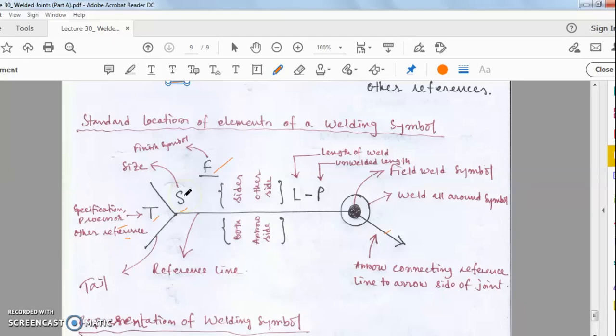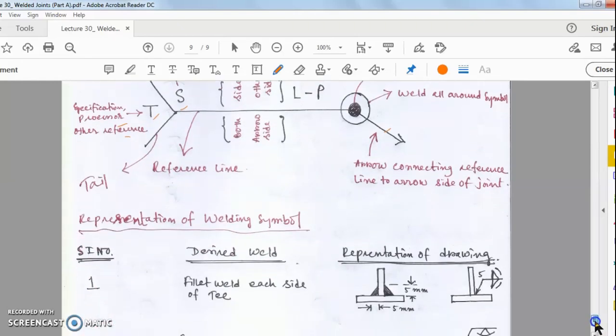The weld all around symbol and the field weld symbol you cannot change. These are all standardized, so you are not supposed to change them. As it is written as per standard norms, you have to mention that only.